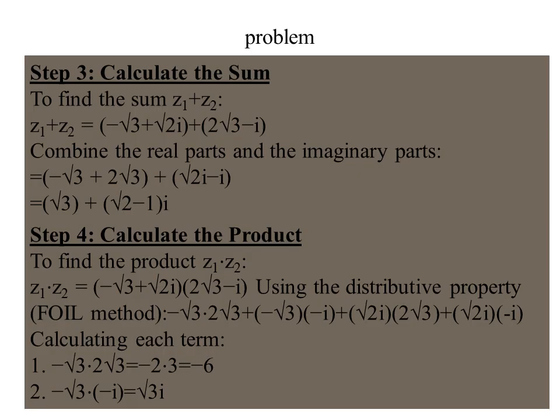After this, we calculate each term. −√3 × 2√3 is −2 × 3, that is −6. In the second, −√3 × −i gives rise to √3 i.